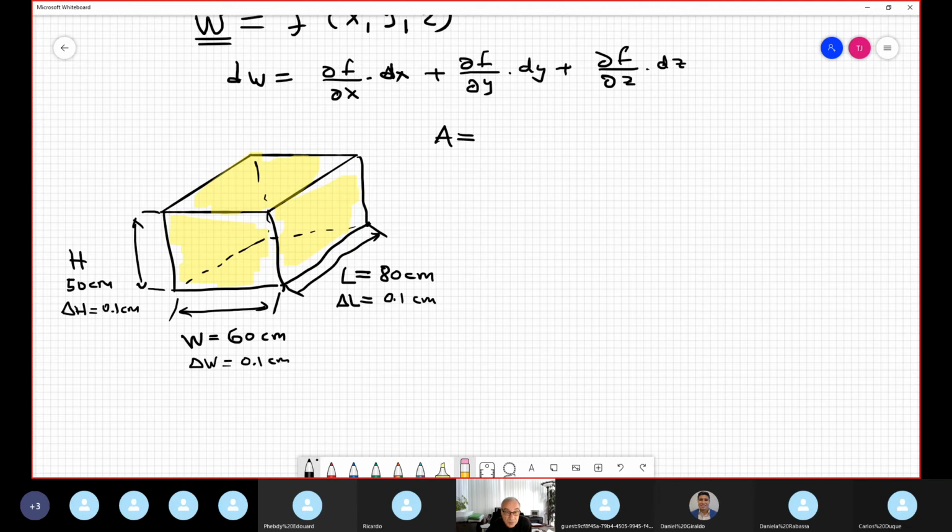Surface area formula is 2 times LW because we have two faces, plus 2 times LH, plus 2 times WH. I suppose that we have a totally compact box, not open in any face. So I need to find that, but this is super easy. It's multiplication by 2, and addition. However, I need to find delta A.